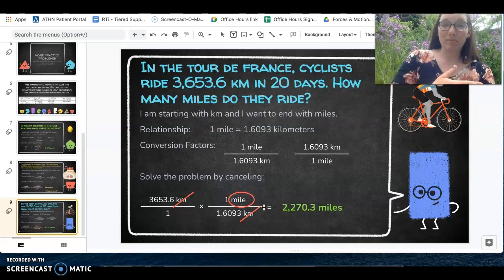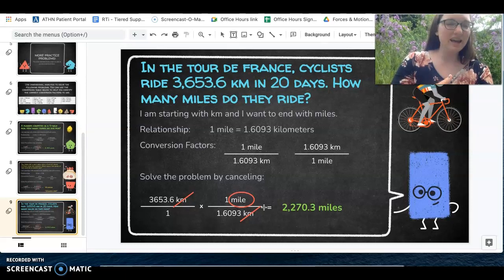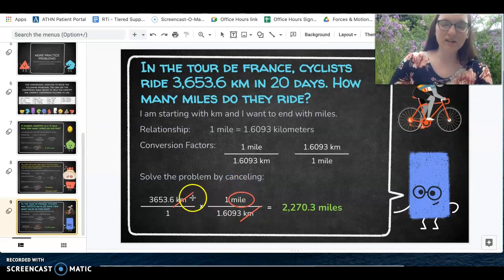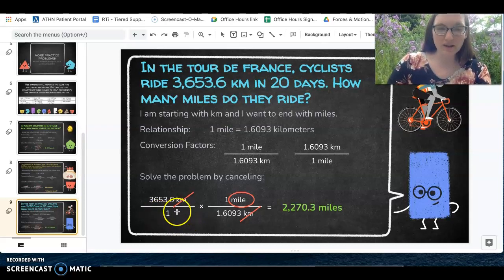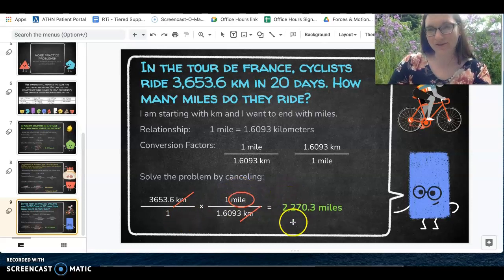So when you need to convert that bottom unit also, it still is going to go across the vinculum, but this would be like kilometers in 20 days down here. So you'd have to put days down here, cancel it out here. So days and days on a separate conversion factor.